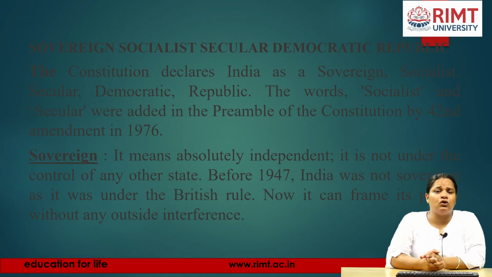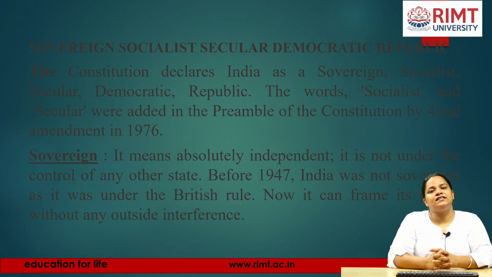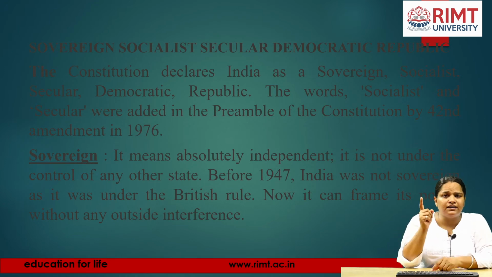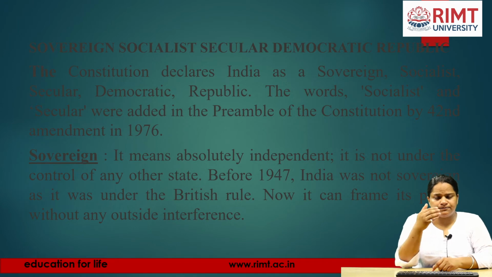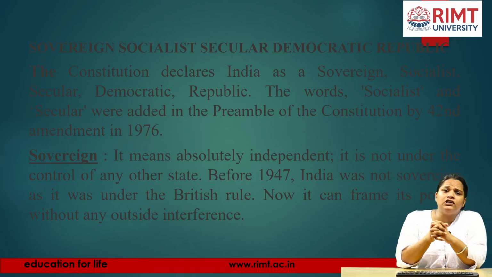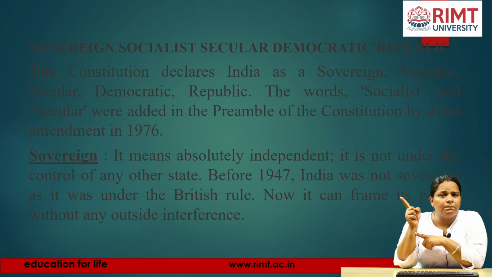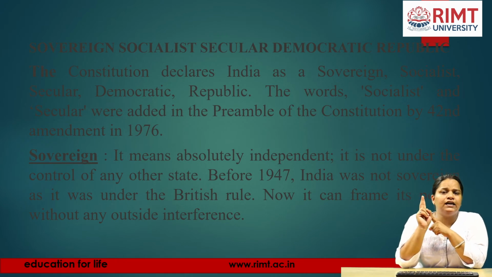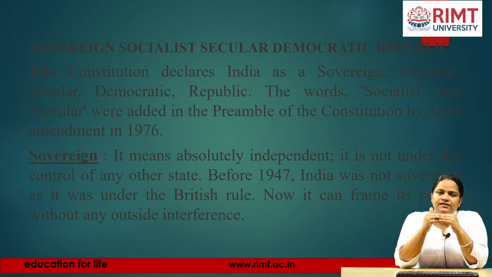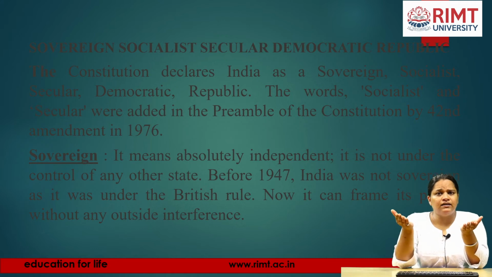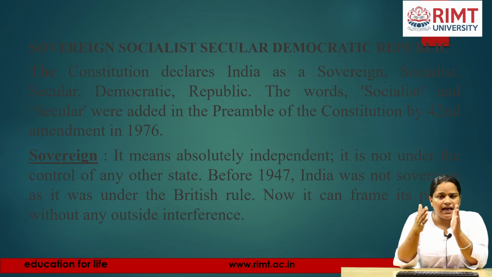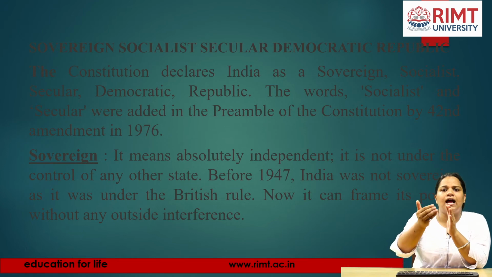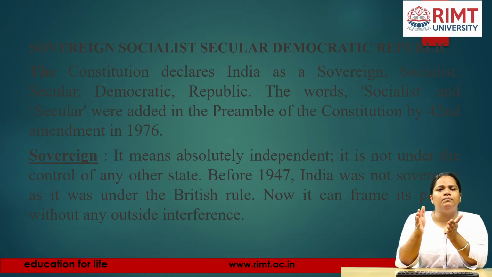What does it mean being sovereign? See, before 1947, India was a nation, but it was administrated as per British rules and regulations. Any country to be a sovereign state has to have its own people, its own population, its own territory and its own government. Before 1947 also, we did have Indian population and Indian territory, but the rules and the administration were as per British principles.